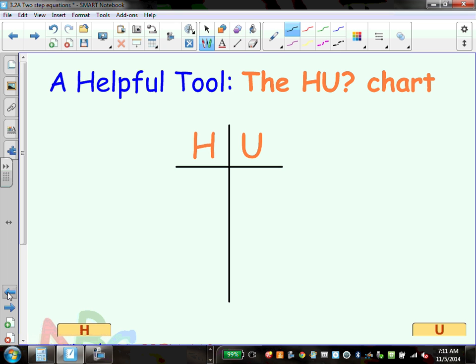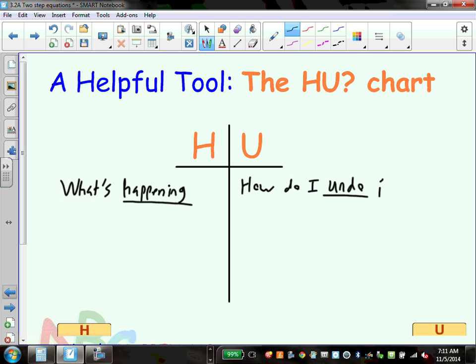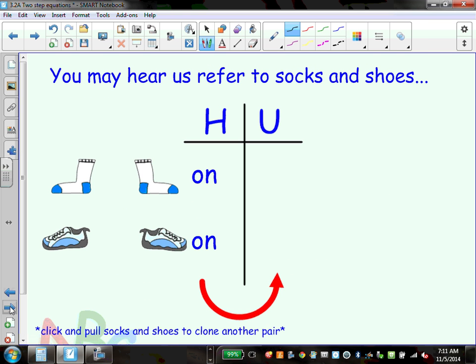The H section basically stands for what's happening, whereas the U part stands for how do I undo it. So H is happening and U is undo. How do I undo it? So let's look at how this applies to math a little bit.